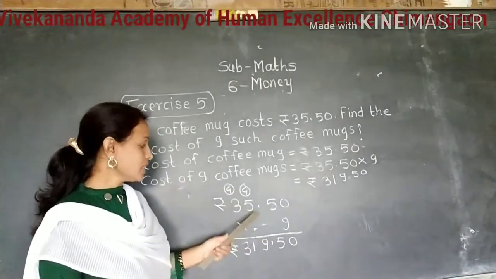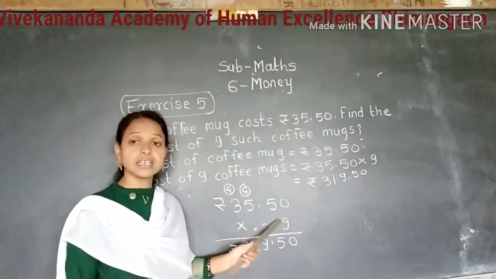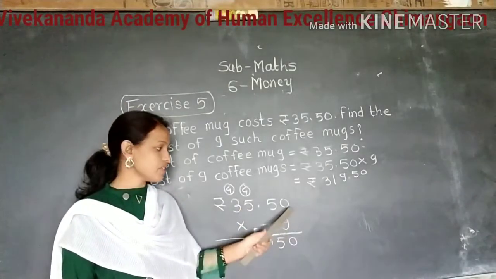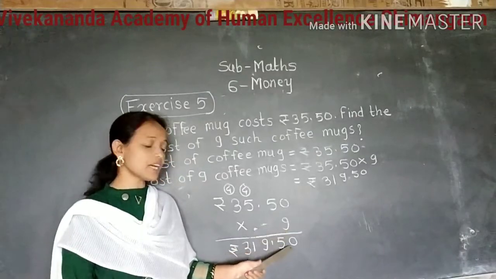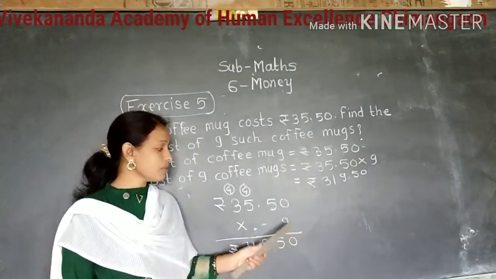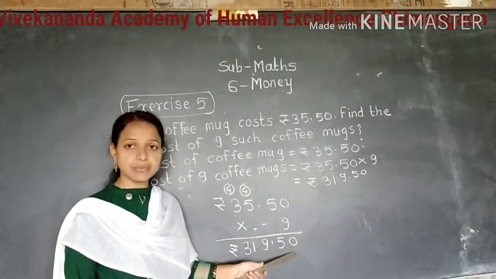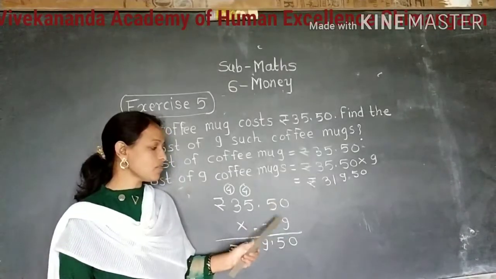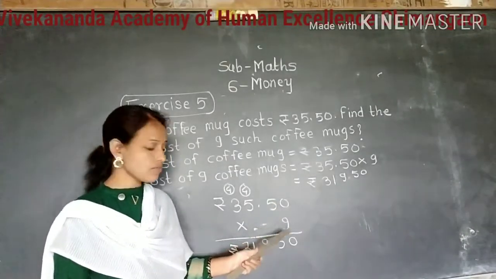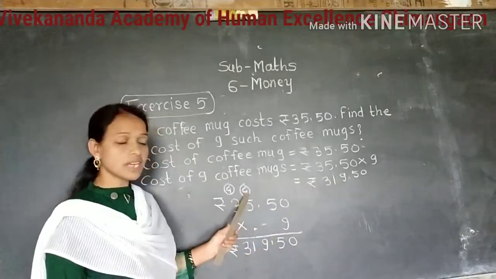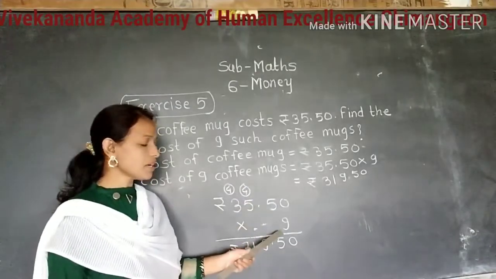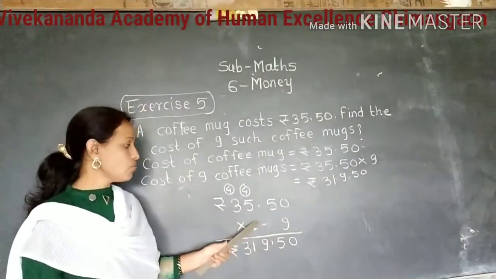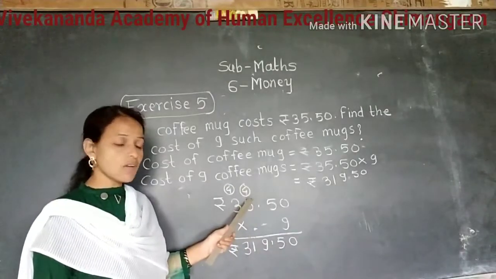Look at student. Here we multiply 35 rupees 50 paise by 9. First multiply 0 by 9. We multiply 0 by any number, we get product 0. Then we multiply 5 by 9. 5 9s are 45. So right here 5, 4 carry over. Then we multiply 5 by 9. 9 5s are 45. 45 plus 4 carry over, 49.